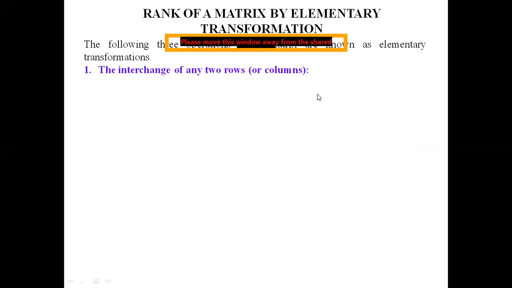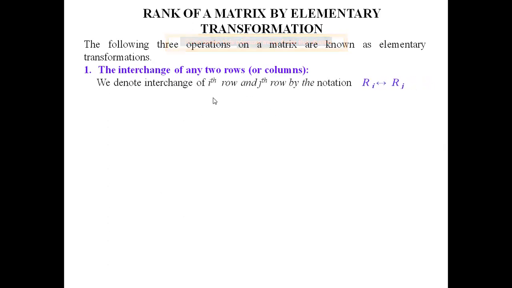Then it gives the rank of the transpose of the matrix. This type of operation is called one elementary operation. It is usually denoted by writing R i interchanged with R j. That means the ith and jth rows are interchanged. So this is one operation.